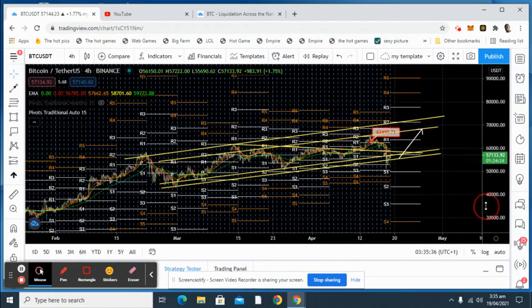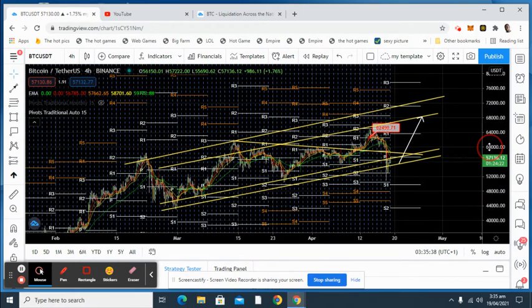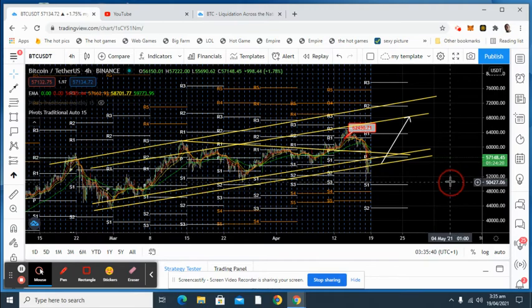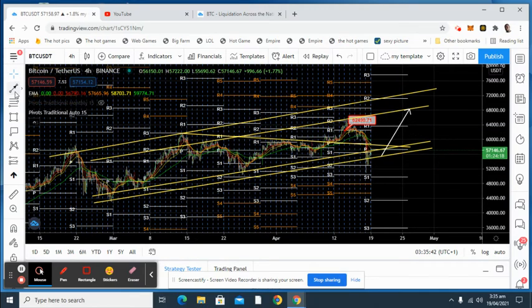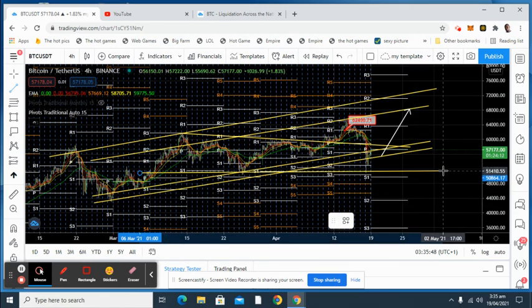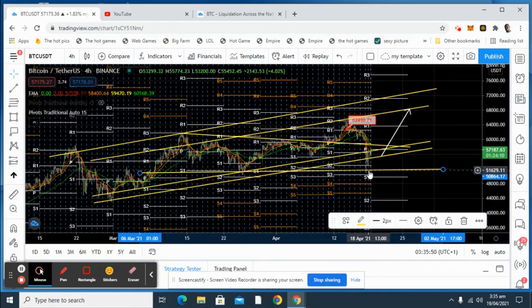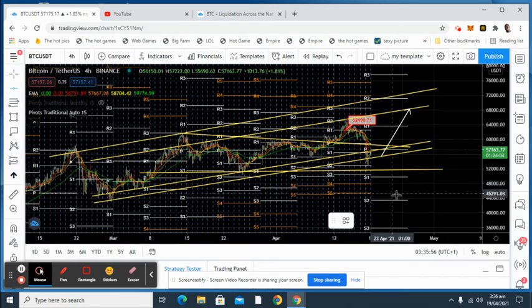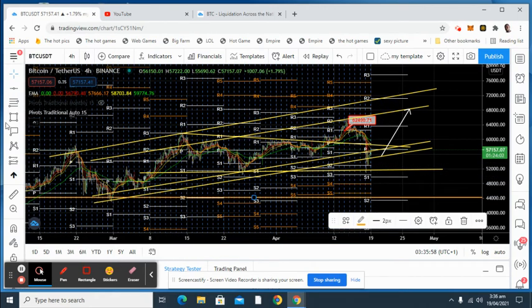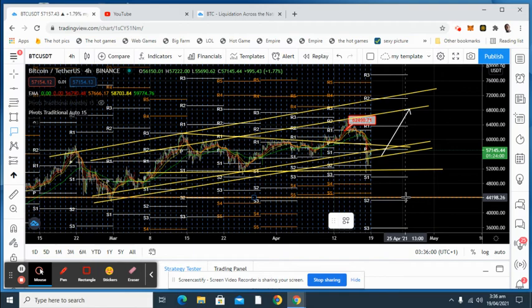Now, let's look at the bearish scenario. Assuming that this did not hold. The first thing is I connected this together already. Claimed to the strong support. The bearish scenario, if it drops further, is 44,000.